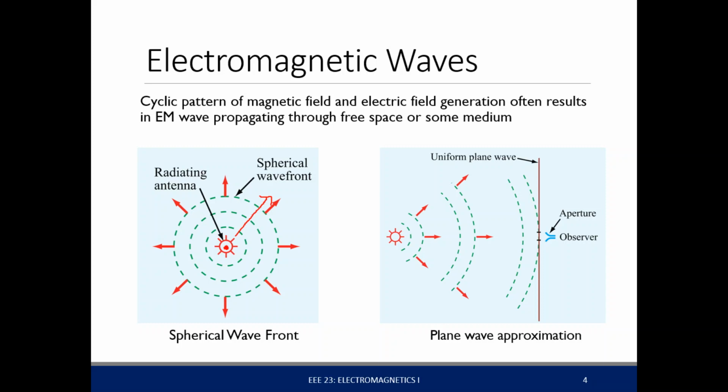If you go far enough from this source, if you're here, you're the observer, this spherical wavefront, since we know that the propagation is equal over all directions, if you go far enough, then you'll observe that this propagation is approximately planar. And that is our plane wave approximation.